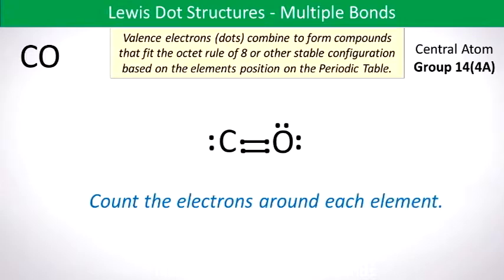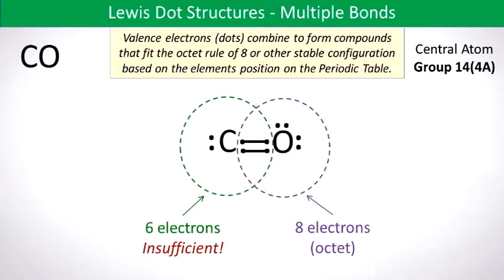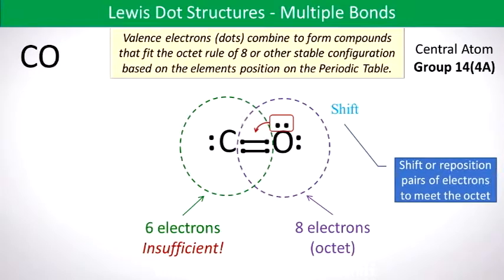Next, we count the electrons around each element to determine how well they fit the octet rule. When we do that, we discover that we have 8 electrons around oxygen. However, we're 2 electrons short on carbon. We're insufficient in terms of its electronic balance. Therefore, we will shift 2 electrons from oxygen in the direction of carbon to help fulfill its octet.